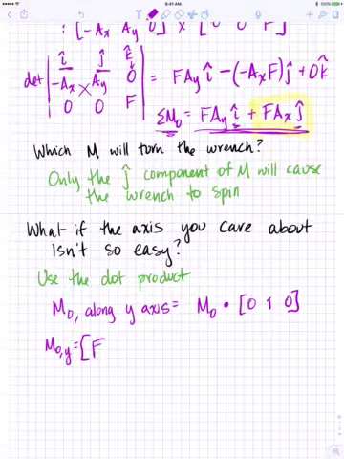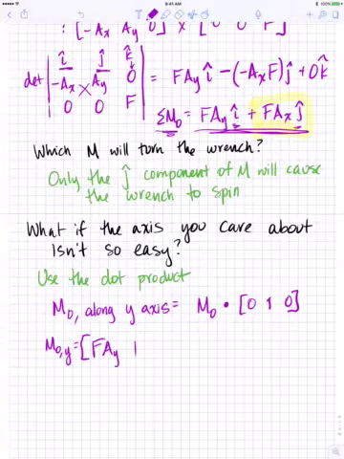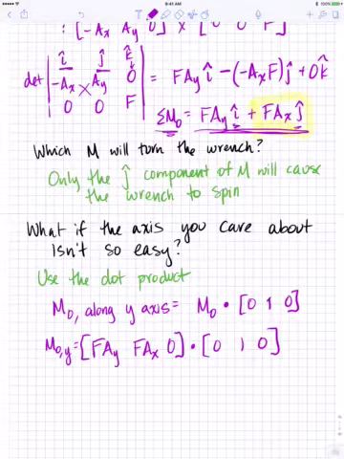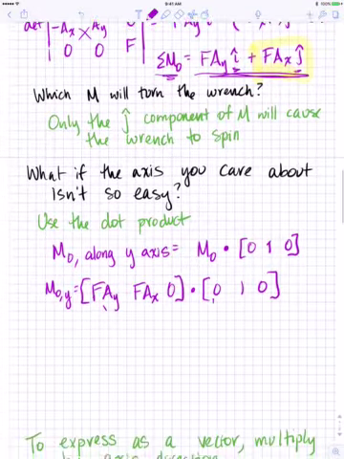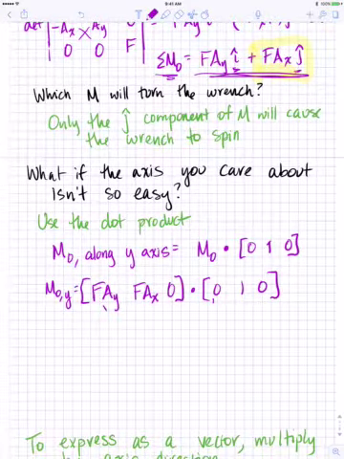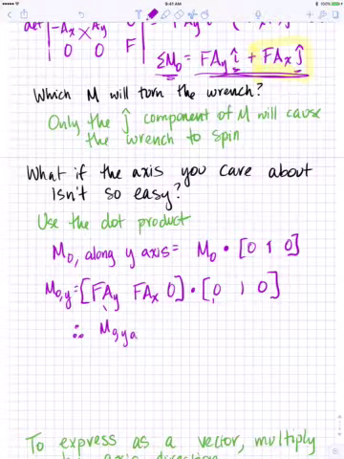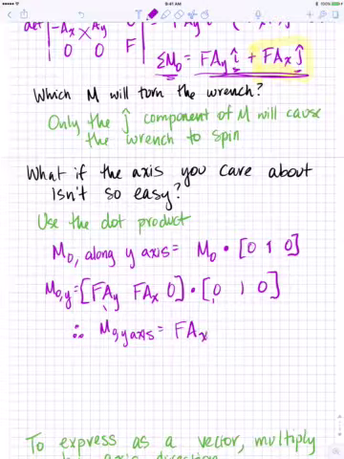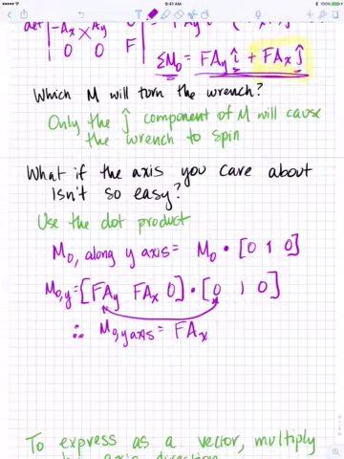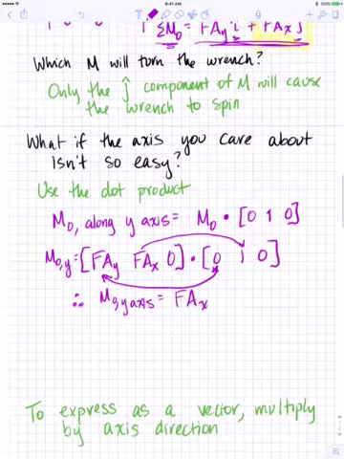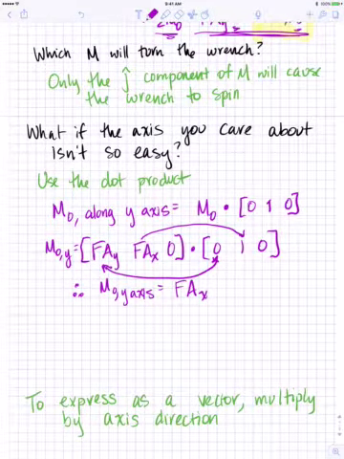In the I direction, FAY. The next one is FAX. And then we have 0 dotted with 0, 1, 0. Mathematically, we're just going to take the sum of the products. So therefore, MO for the y-axis is equal to just FAX, because these two are just going to be 0. This gives us the FAX, and then of course the 0 and the 0 for the z components. So notice that this is a magnitude.